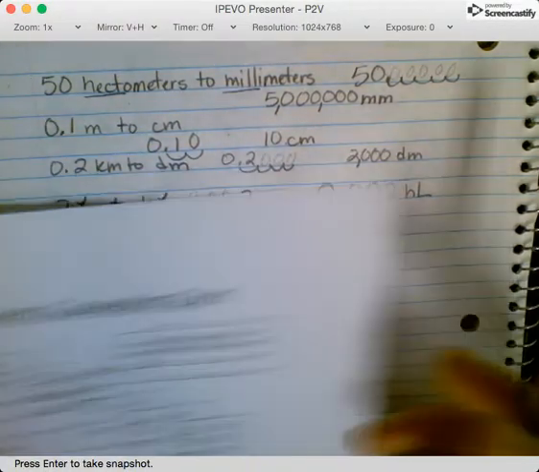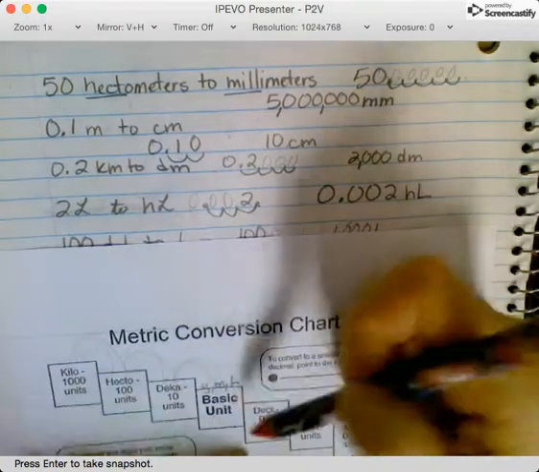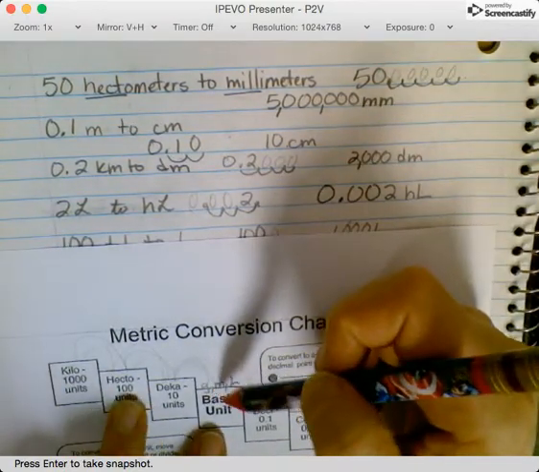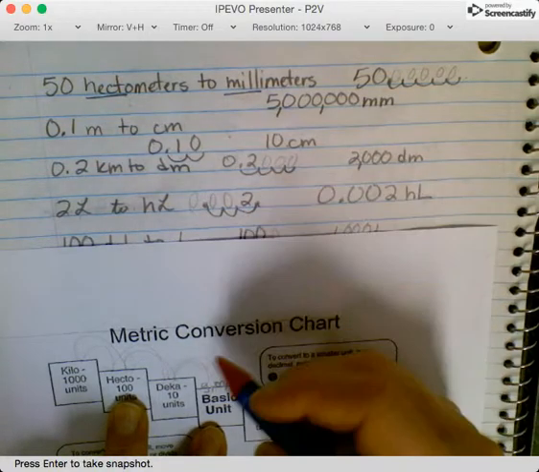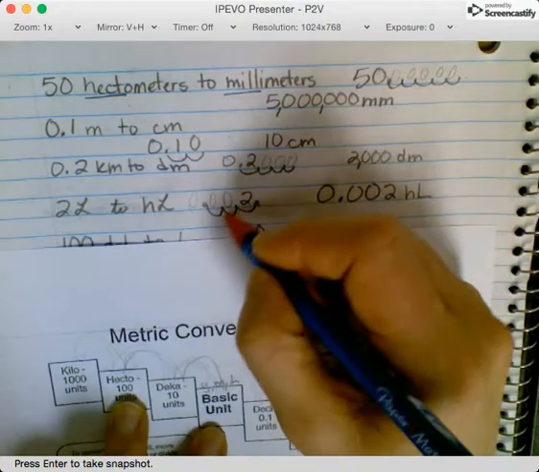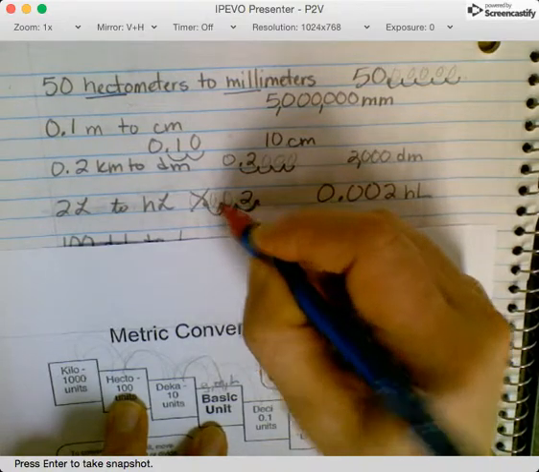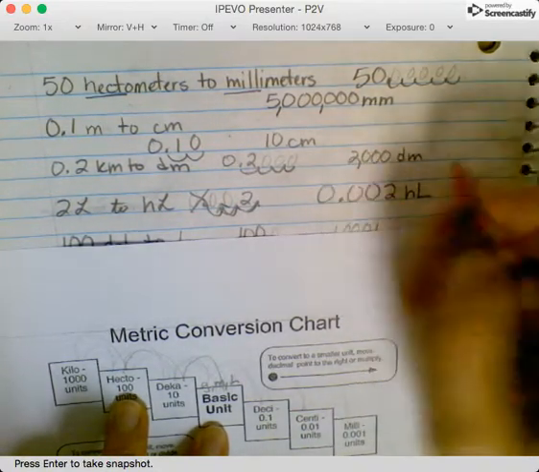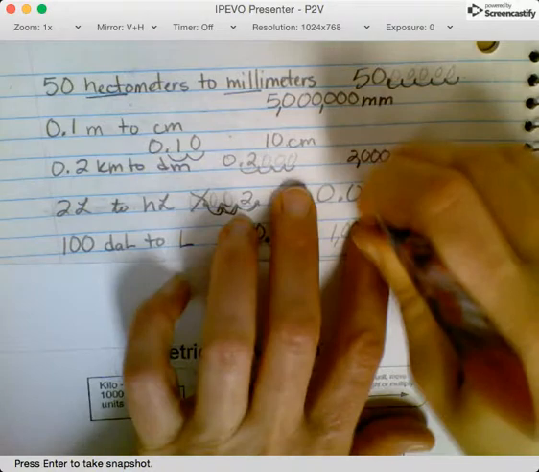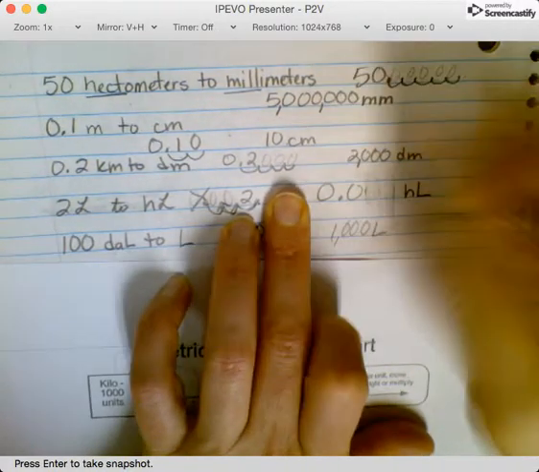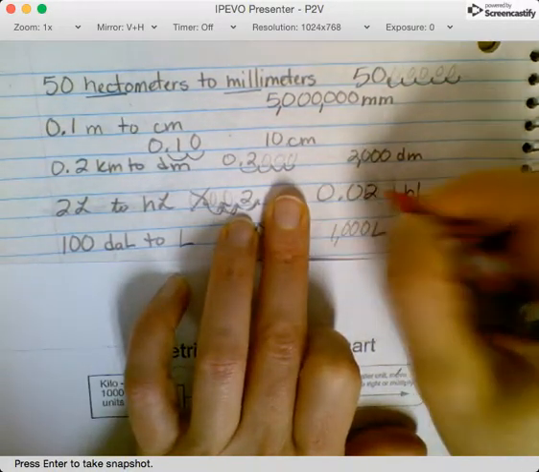Excuse me, I want to refer back to the hectoliter problem. I went too many jumps. I went to kilo instead of hecto. So on this one, I should have only gone 1, 2 and ended up here. So I have an extra 0, which makes that 0.02 hectoliters.